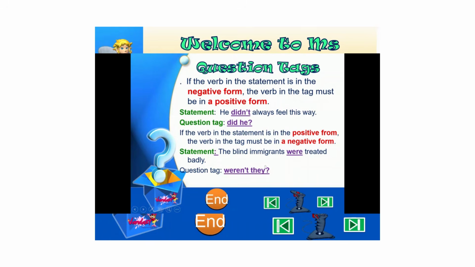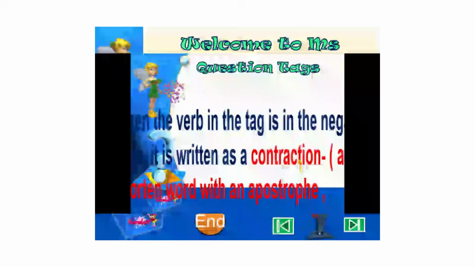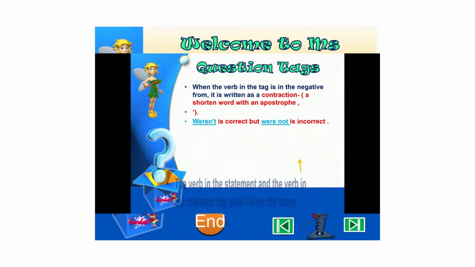So the question tag for this statement will be weren't they? Always when the question tag is in a negative form, you contract it, you formulate it into a contraction by adding an apostrophe mark. I'll further explain this in the slide.